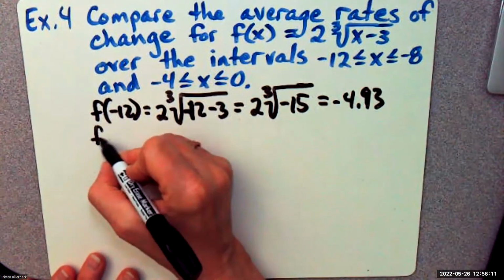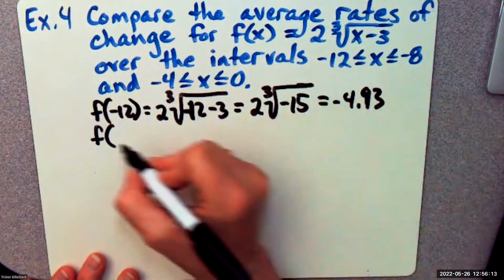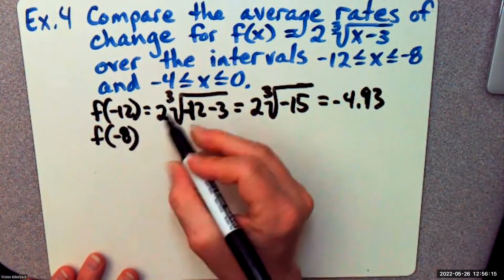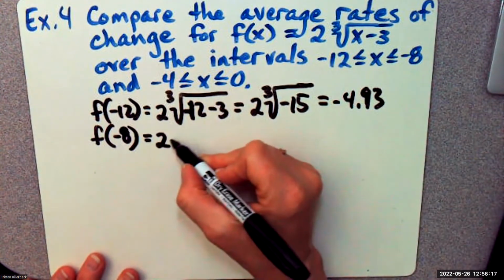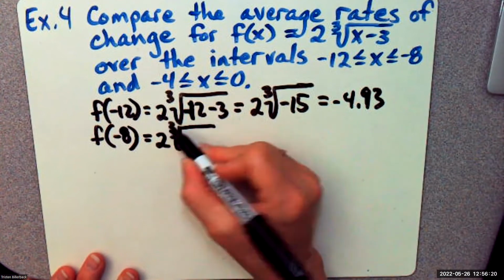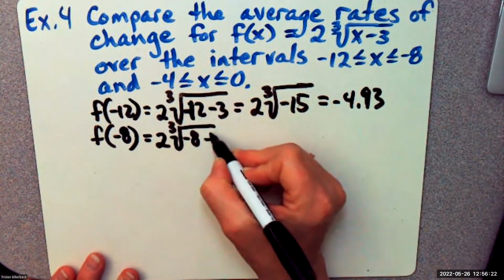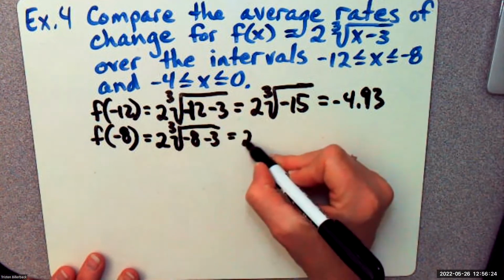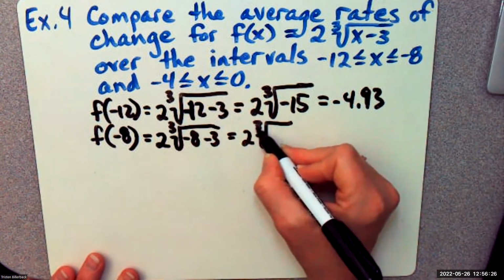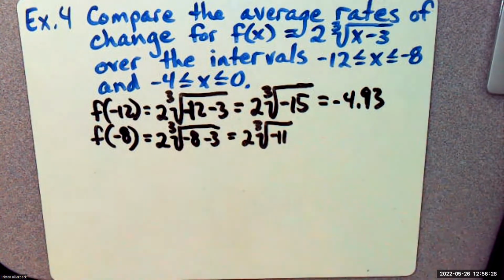Okay, so then f of negative 8 equals 2 times the cube root of negative 8 minus 3, which equals 2 times the cube root of negative 11. So now let me find that.